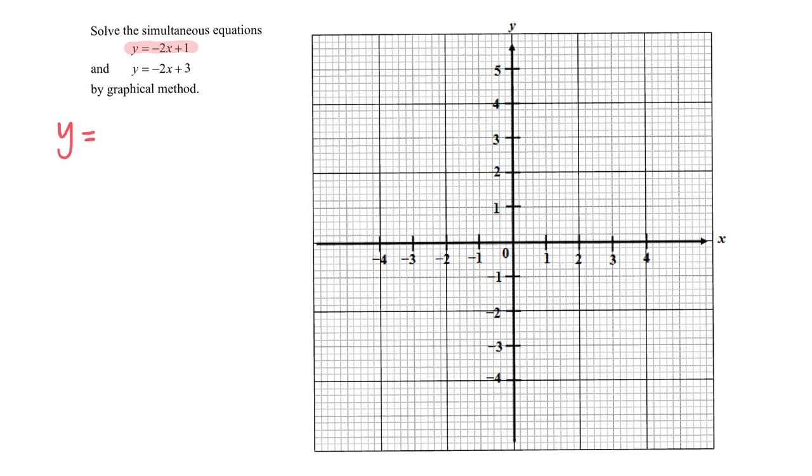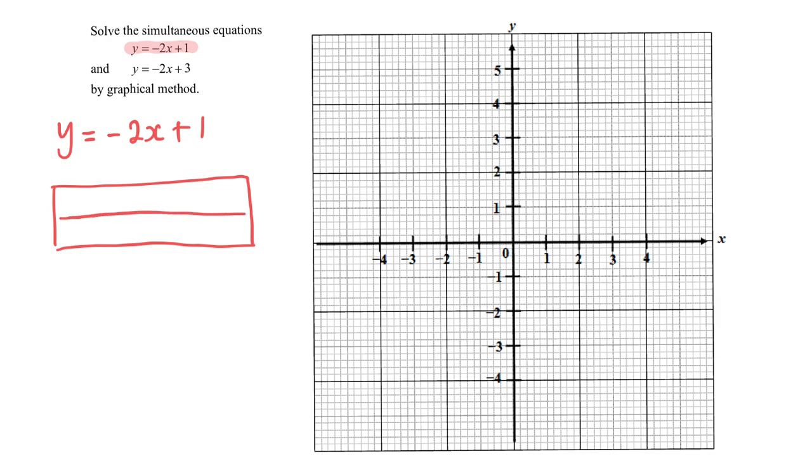So for y equals -2x plus 1, if they didn't give us the table to help us plot the points, no worries. We can draw that out ourselves, and it will be good to have 3 points. Since x is given from -4 to 4, I will just have -1, 0, and 1.